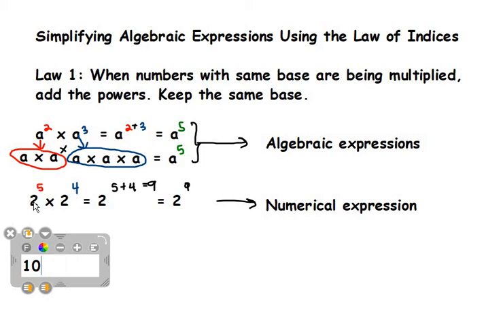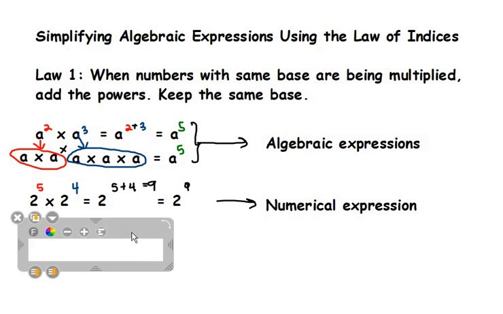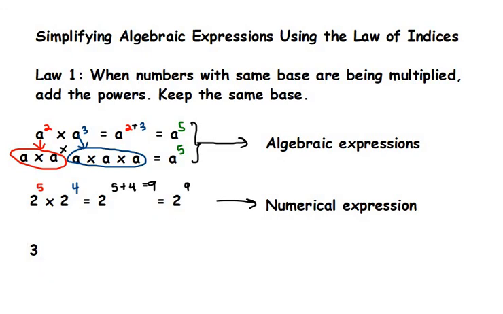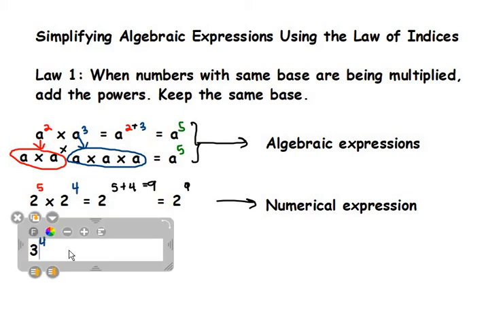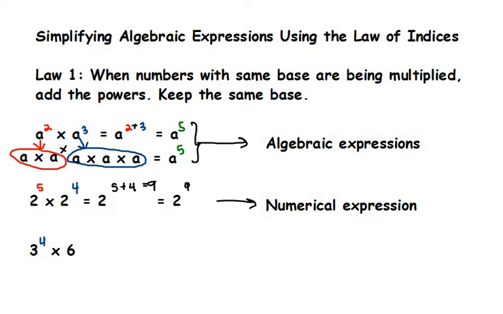Another misconception that is common is adding the powers when the bases are not the same. For example, if we have 3 to the fourth power times 6 to the fifth power.